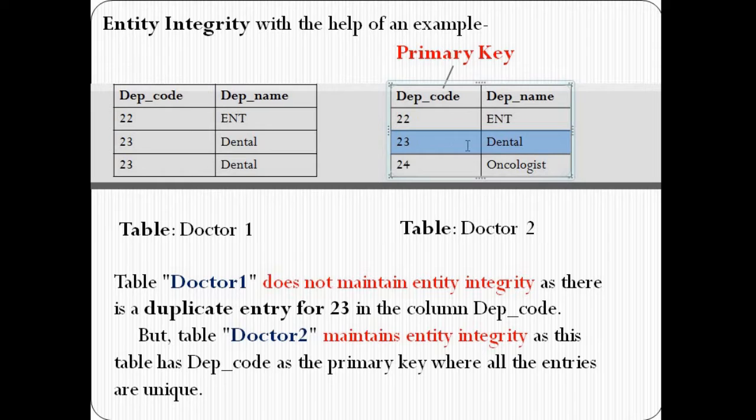The row 23 dental is also occurring only once, and the row 24 oncologist is also occurring only once. So we can say that there are no duplicate rows in this table Dr. 2. So the data inside this table is consistent, and that's the reason this table maintains entity integrity.